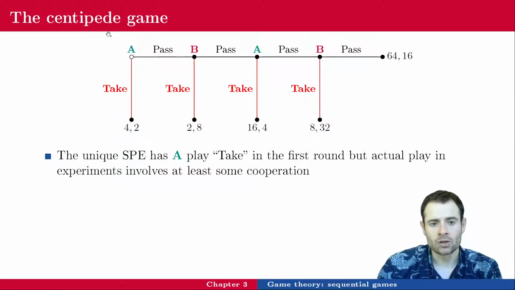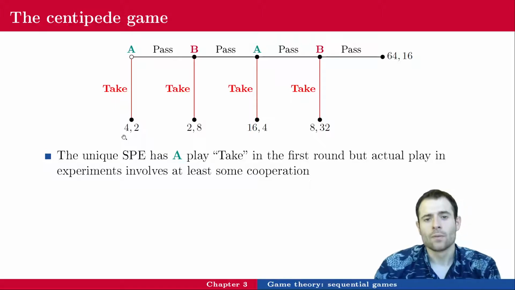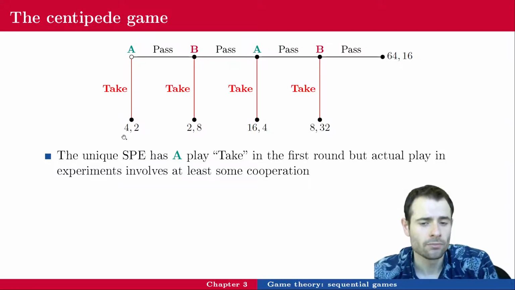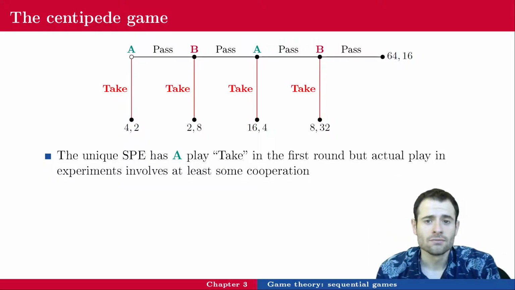Finally, the biggest subgame is the game itself. A can pass the ball, but B will take, and so A will make a payoff of 2. Or A can take right now, end the game, and get a payoff of 4. Between 4 and 2, A prefers to take. So, in the subgame perfect Nash equilibrium, A is going to start the game by taking, and that's going to end the game, and B will never get to play.